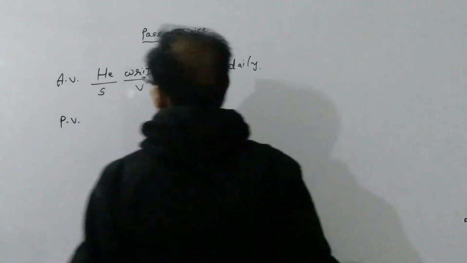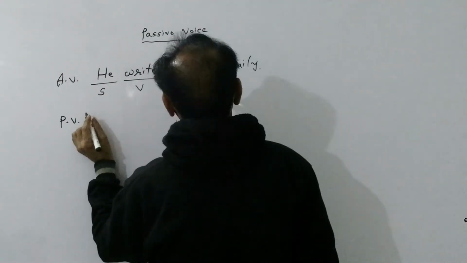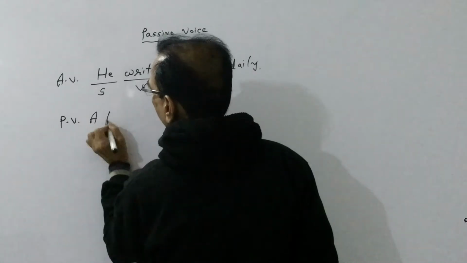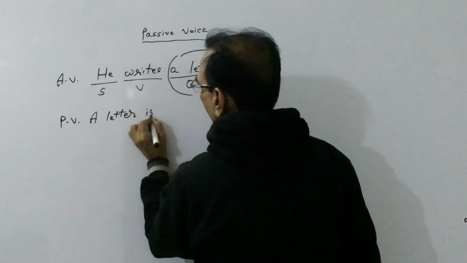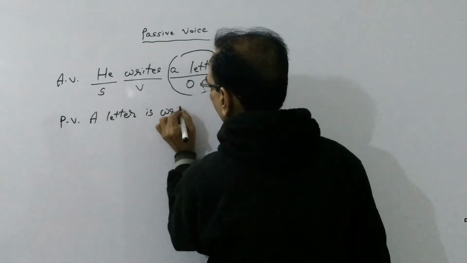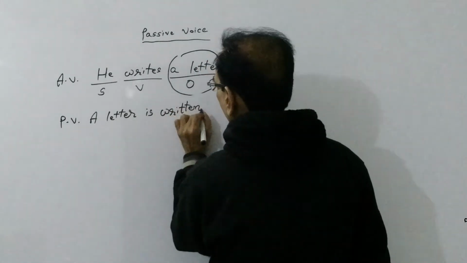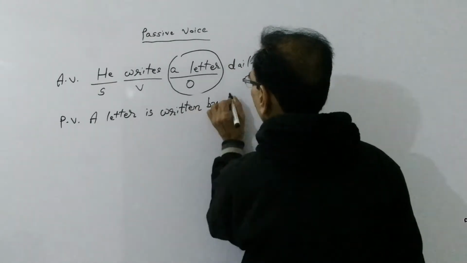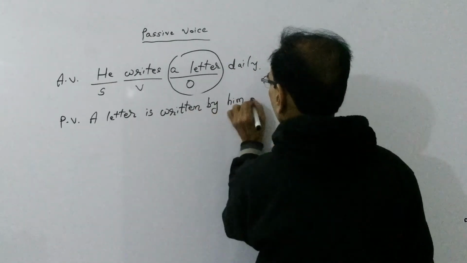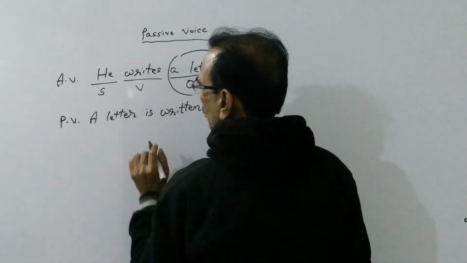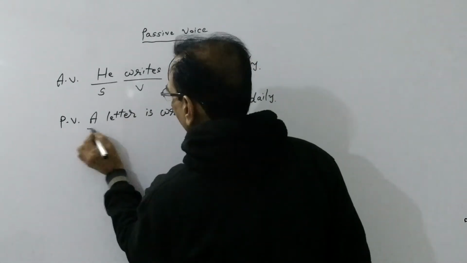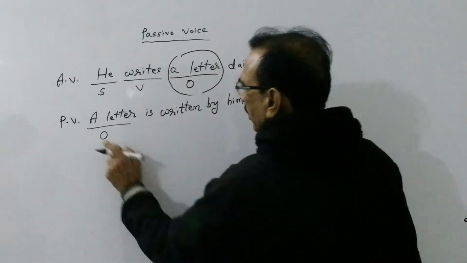So the passive voice of this sentence can be like this. A letter is written by him daily. Now, what I have done in passive voice, I have written a letter here, the object.